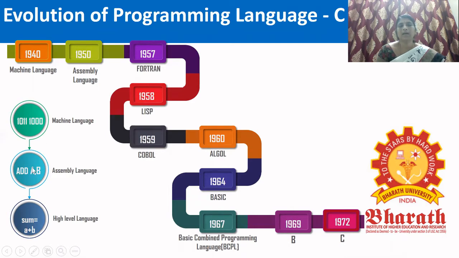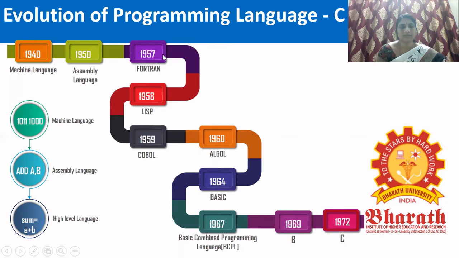The assembly language consists of mnemonics, certain codes and certain words. Next comes the high level language. The high level language is English-like language, which needs to be converted to machine language in order for the machine to understand.